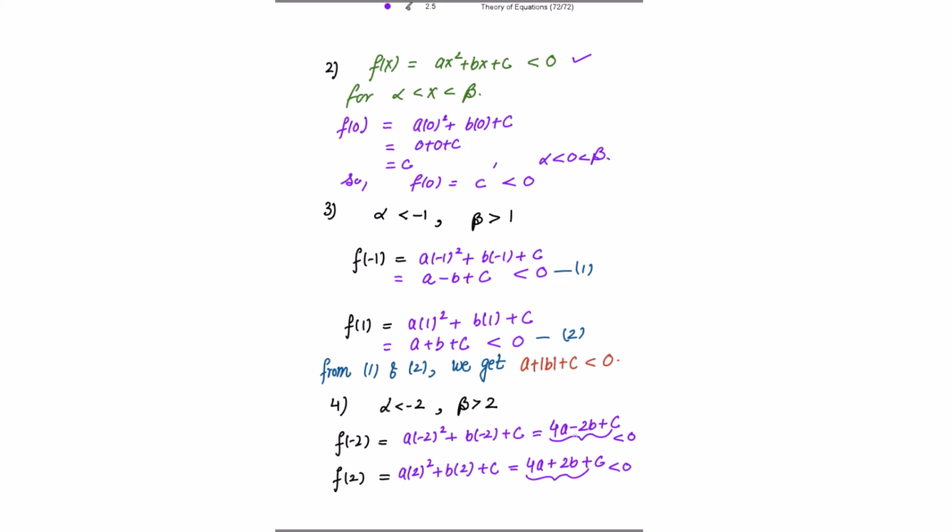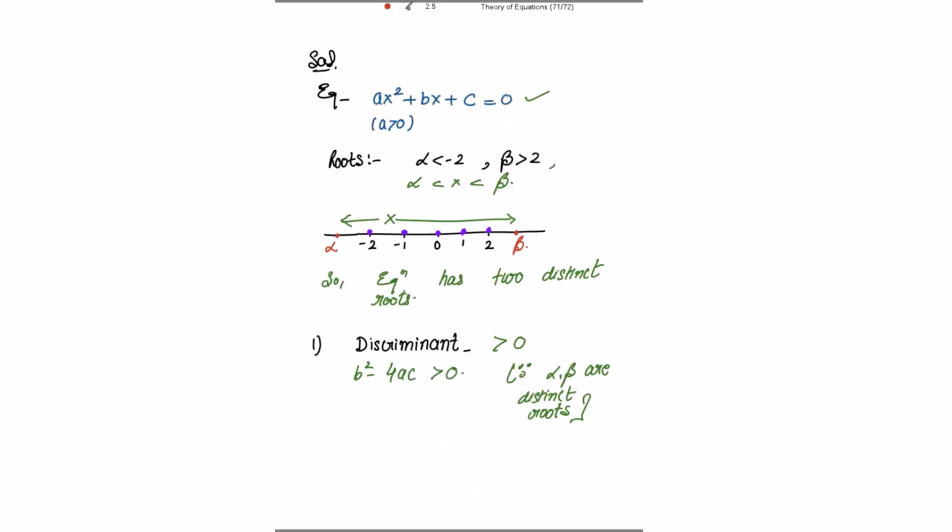And also we are having a negative sign with 2b and a positive sign with 2b, right? So from these two we say that 4a plus mod of 2b plus c is strictly less than 0. So marking this result and this result.